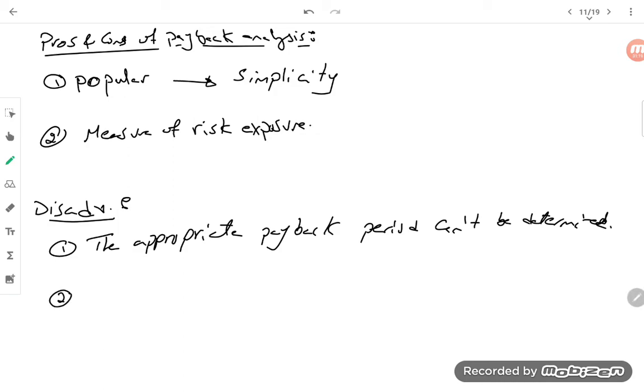Number two, it fails to take into account the time value of money.